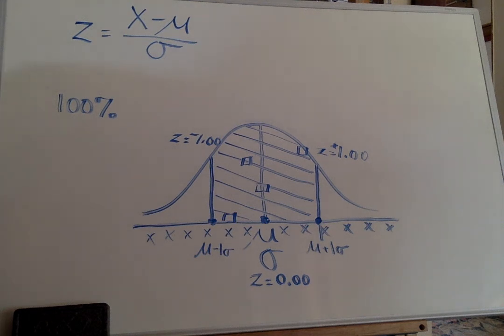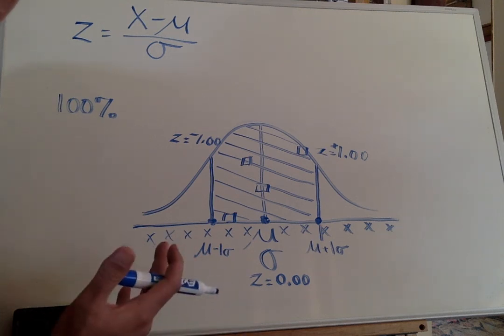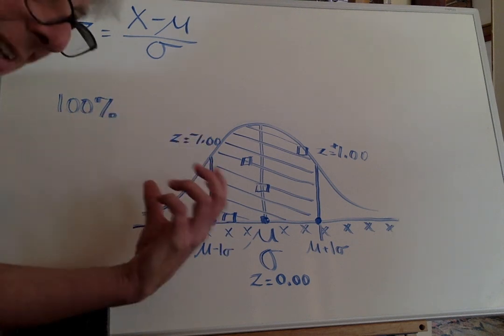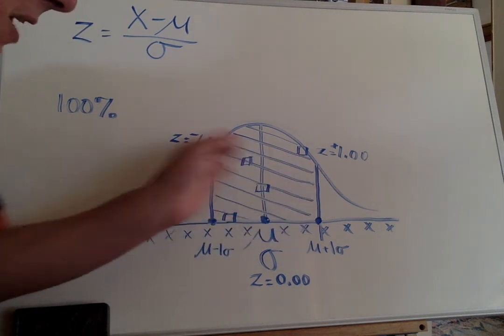So other guesses, and I force students to guess in my class because I want you to look at it and make some guesses. Maybe 60%, right? Somebody might say 70%. I'm like, okay, maybe. If you said 90%, I'd be like, does this look like 90% of the whole?